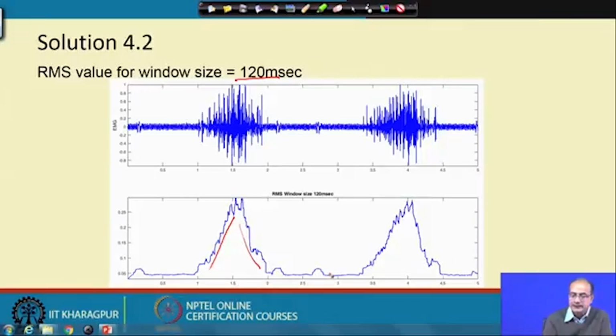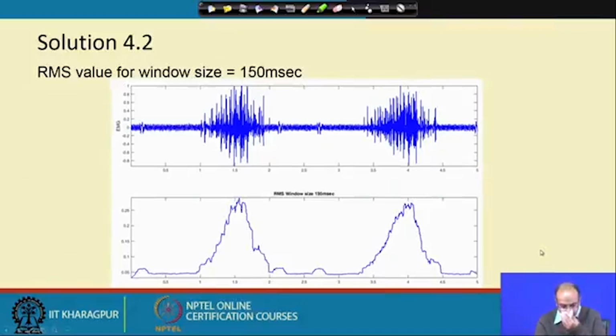Okay. And another thing you note is that the small perturbations, all of them, their magnitude has also reduced a bit, they are also getting smoothed out. Okay. So, that is another interesting point to note, that it is becoming smooth and also the small perturbations are getting eliminated.